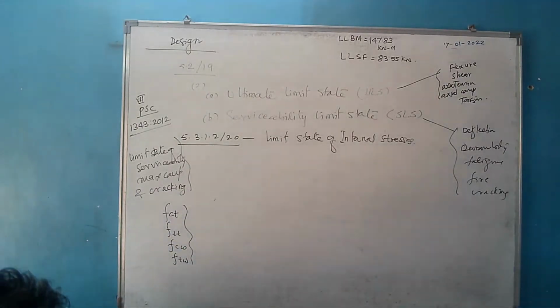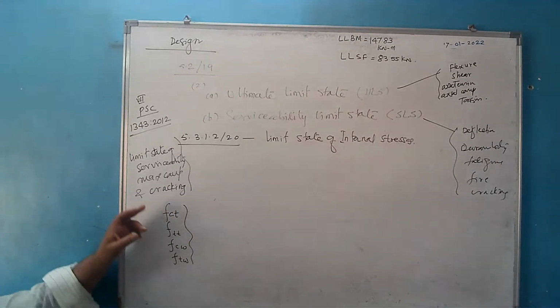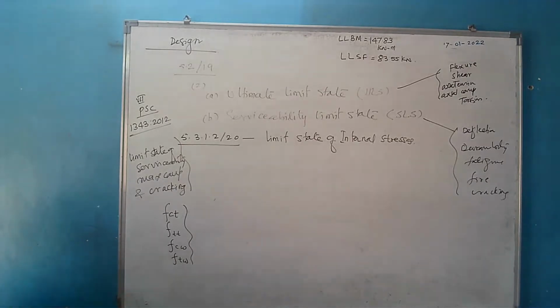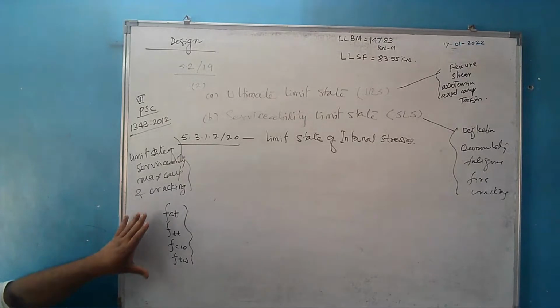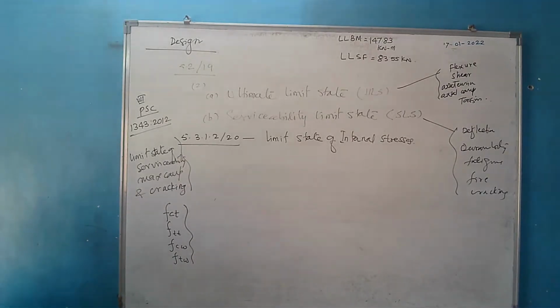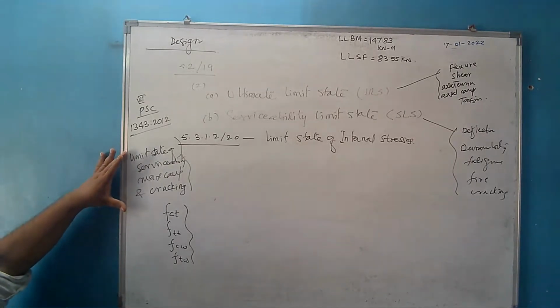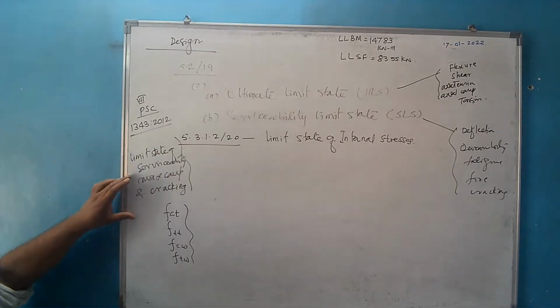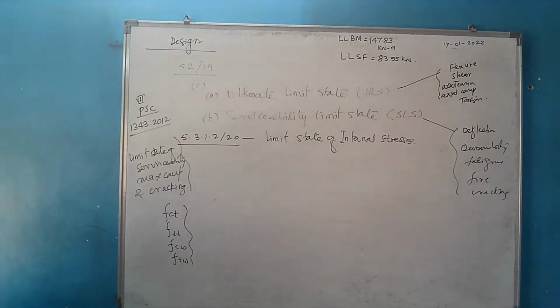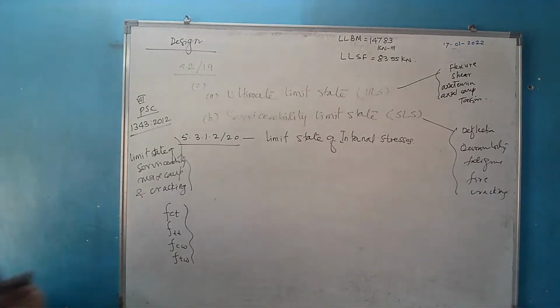Whatever is the grade of concrete used, on the basis of that हमको permissible values of stresses मिलते थे और हम ये वेरीफाई करते थे the stresses must be within these limits. If the stresses acting are within these limits, it means that the element is safe in limit state of serviceability, maximum compression and cracking. हम ये कैसे इंश्योर करते थे?